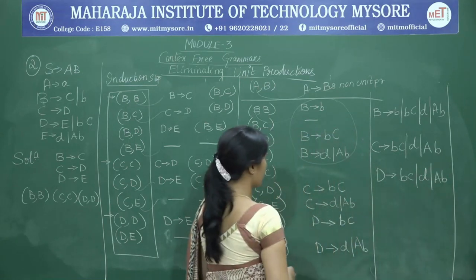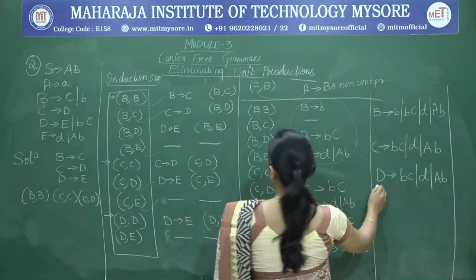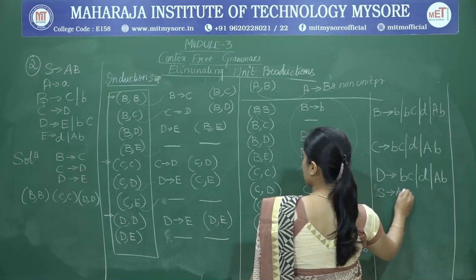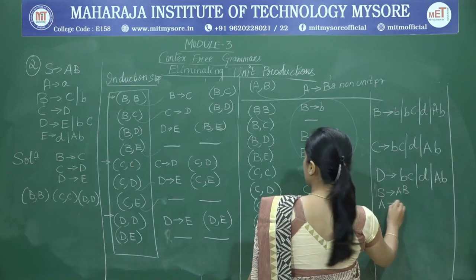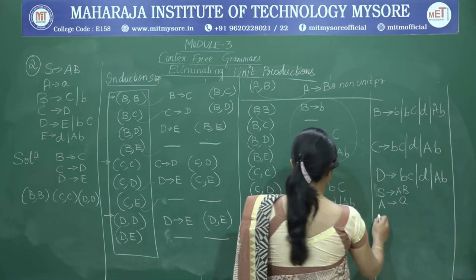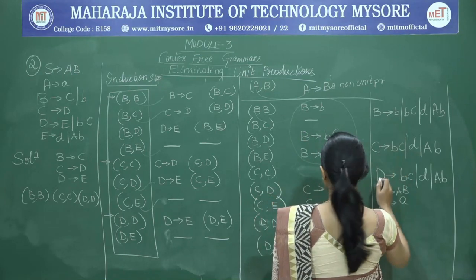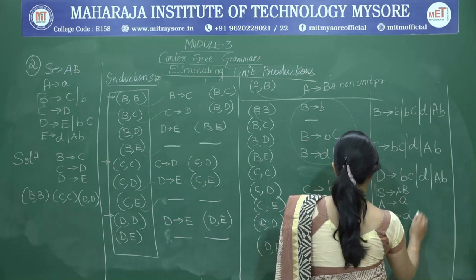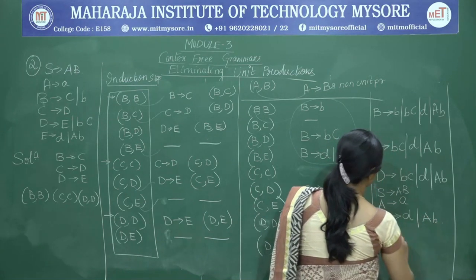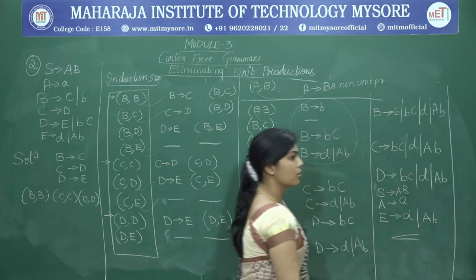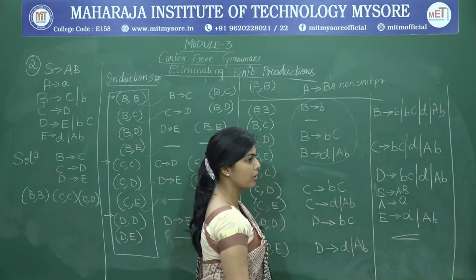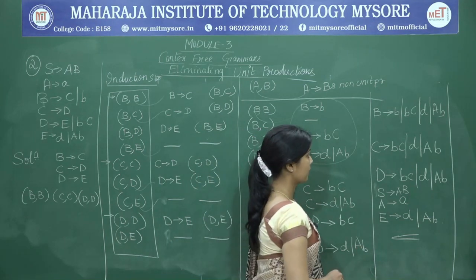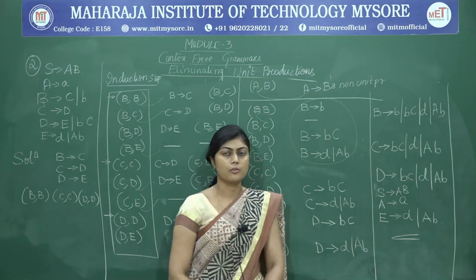And we'll write the rest of the production rules as they are. We have S goes to AB, capital A goes to a, then we have B, C and D as already written, and then E goes to D and AB. These are the rules of the grammar that we produce after eliminating all the unit productions. So this is the end of the class.